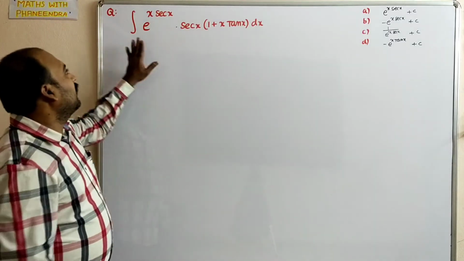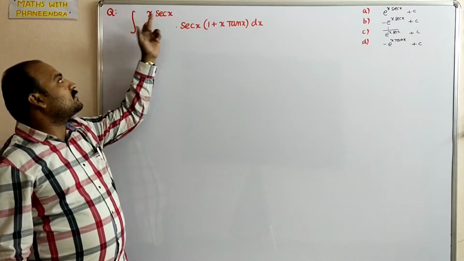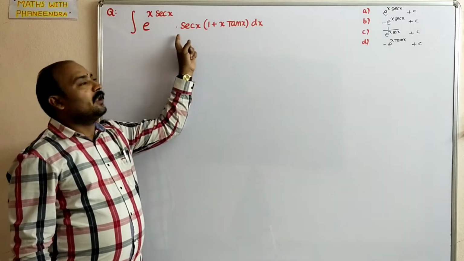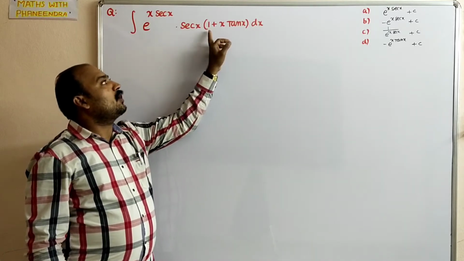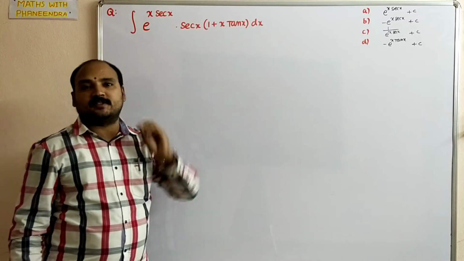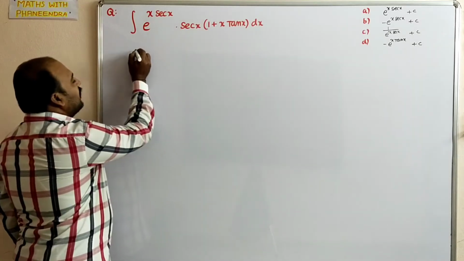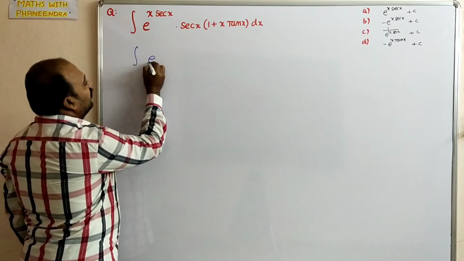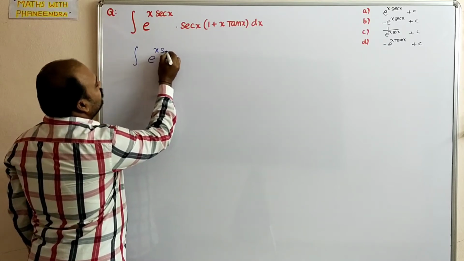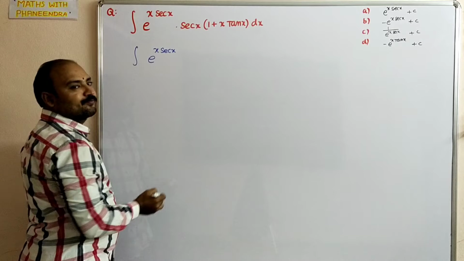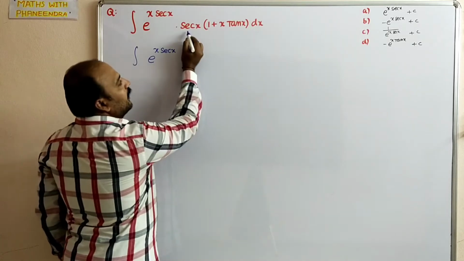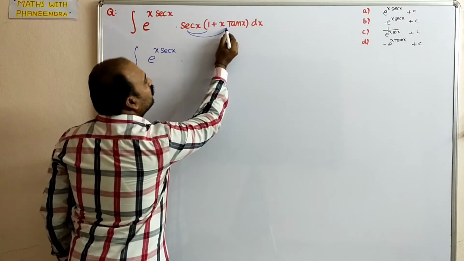Next question: integral of e^x times secant x times (1 plus x tan x) dx. See here, the given integral is integral of e^x times secant x times, actual multiplication, you have to do that.